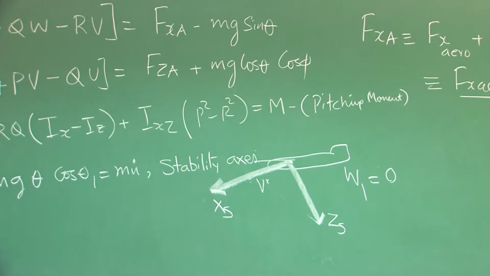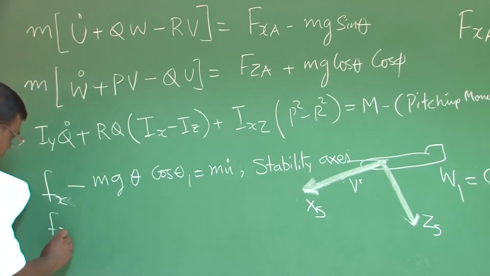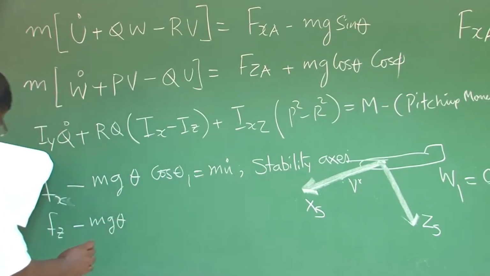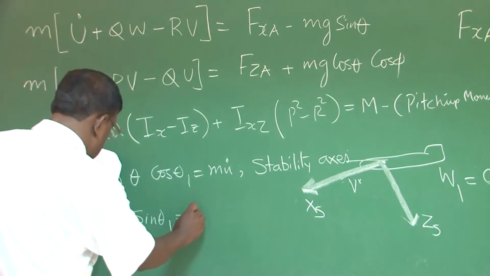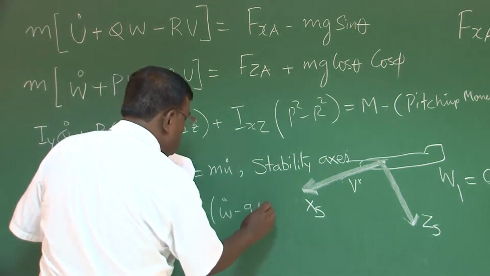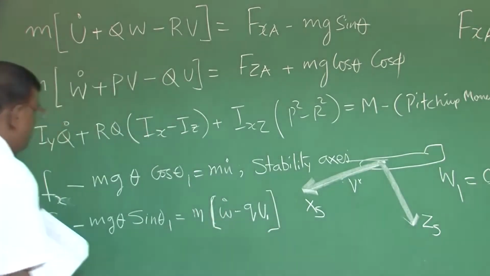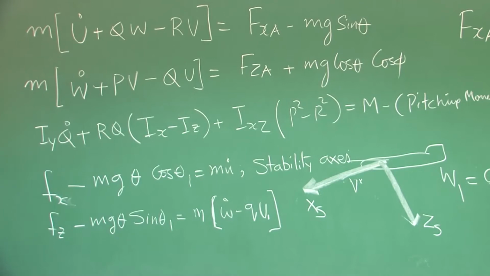Okay. So this was one equation we derived, and then the second equation we also had: F z minus m g theta sin theta 1 equal to m w dot minus q u1. This is another equation, which is in the z direction, and the pitching moment equation was very straightforward.